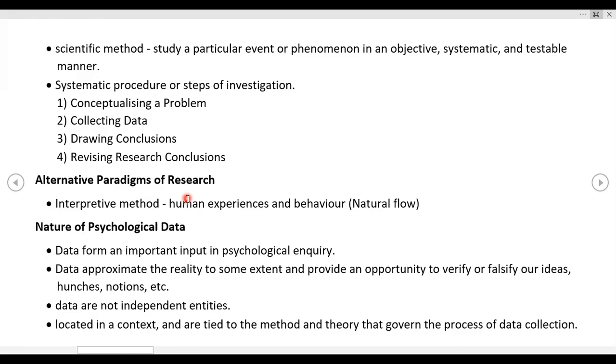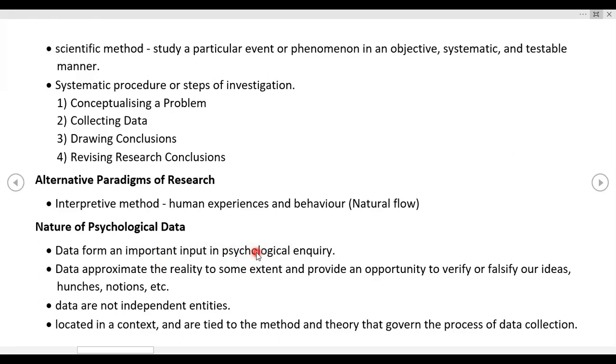After conceptualizing the problem for understanding, these are the steps involved so far, and then we will move to the nature of psychological data. In the nature of psychological data, what are the types of data we can be collecting? Data form an important input in psychological inquiry.